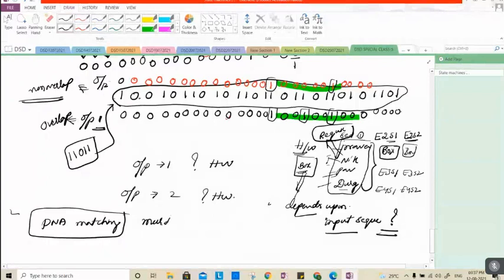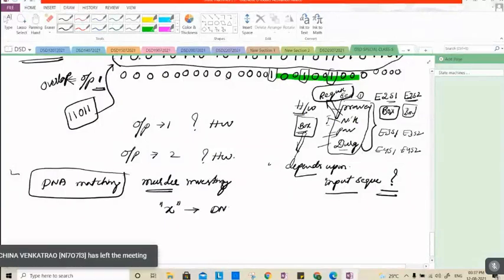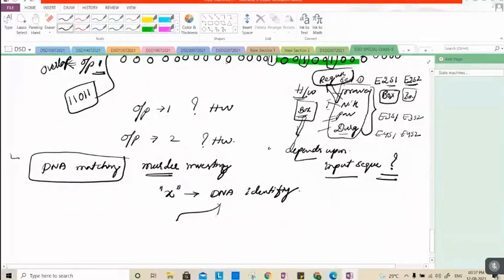Suppose some person, murder investigation, some X person DNA identify అయిపోయింది, now this particular DNA can be compared with any other person, right? ఎవరితోటైనా కంపేర్ చేయొచ్చు కదా. ఈ ఎక్స్ ఎవరు అని ఫైండ్ అవుట్ చేయాలంటే, this is unknown. Can we compare the DNA of X with any other person? ఎవరితోటైనా కంపేర్ చేయొచ్చు కదా.